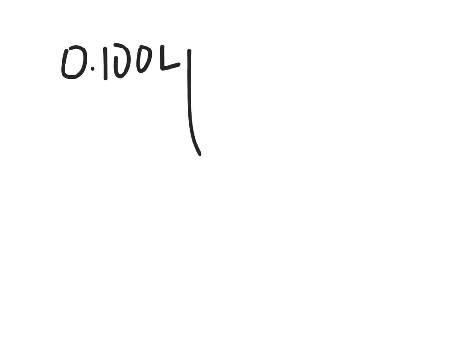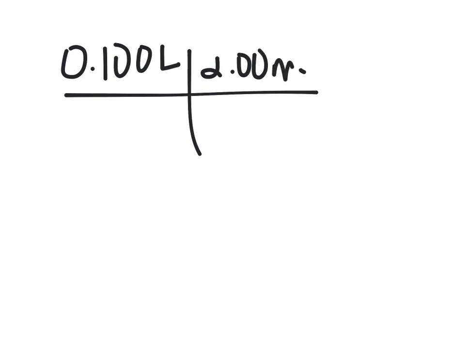We could also do this all in one step. So I could take the volume that I'm trying to make, 0.100 liters, and I'm trying to make a 2.00 mole per liter solution. If I do that calculation, that tells me how many moles of thujone I need.